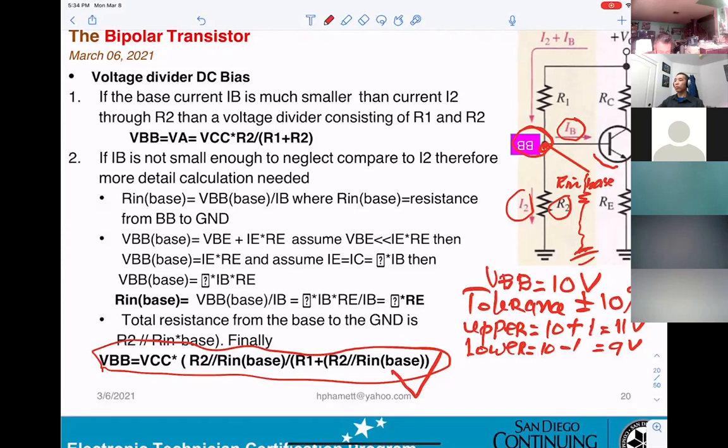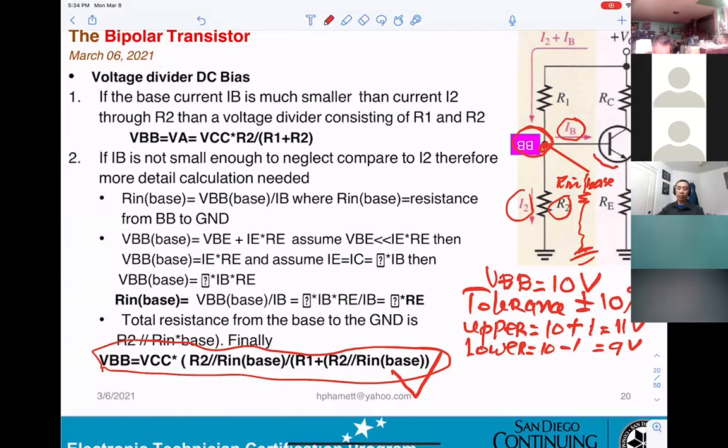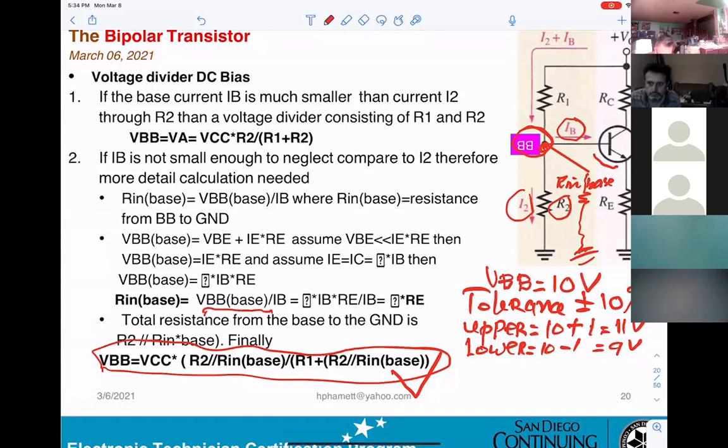IE times RE. VBB divided by IB, right? Is it better? Right here. VBB divided by IB. That's clear.